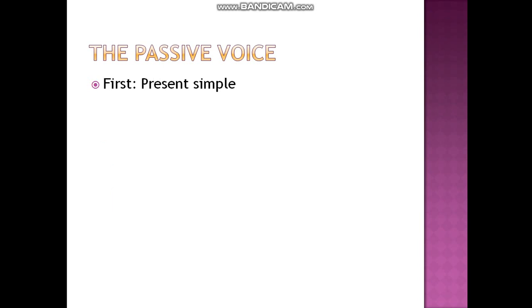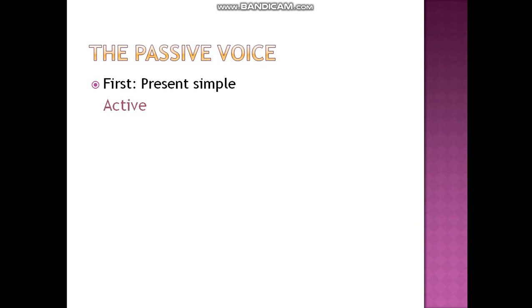We're gonna start with the present simple. All you have to do is to know the form of the present simple and how to turn the present simple active sentence to a present simple passive sentence. That's all you have to do. That's why you need to study continuously.